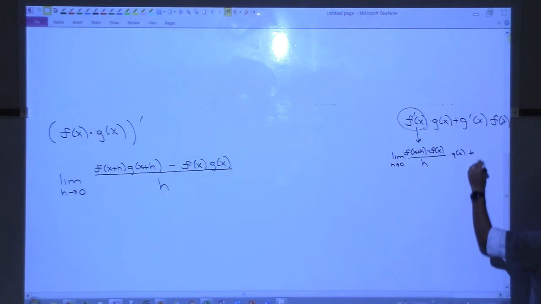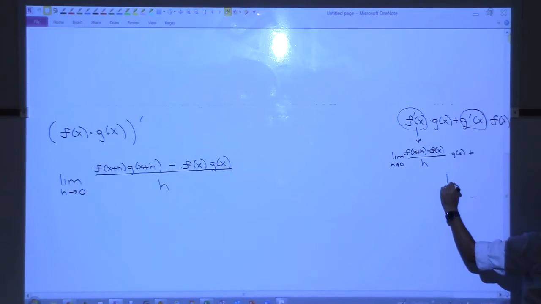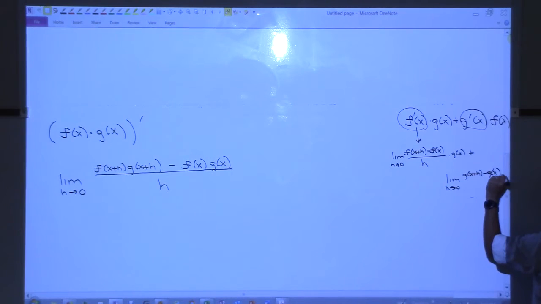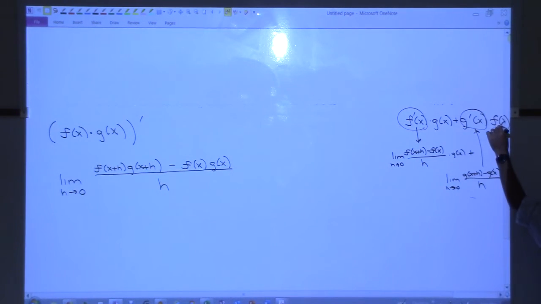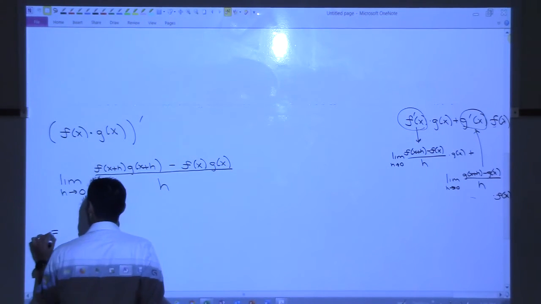And then plus, I'm running out of room, but this right here would be the limit as h goes to 0 of g of x plus h minus g of x over h. That's that, right? And then I'd have to have this times f of x next to it. Okay, that's just to give us a preview of where I'm headed. So if I can somehow get this to show up, then I can turn that into that and I'll be done. So you can sit here and try a lot of different algebra on this.